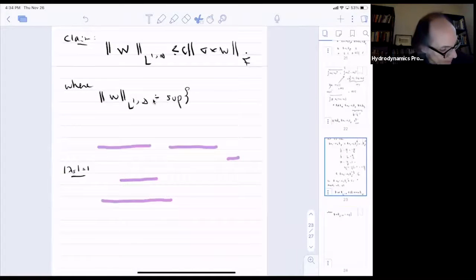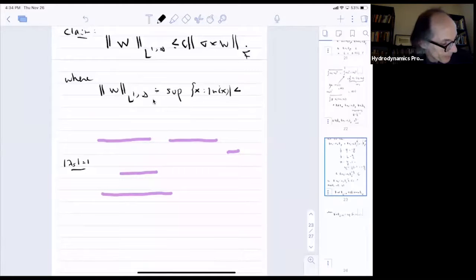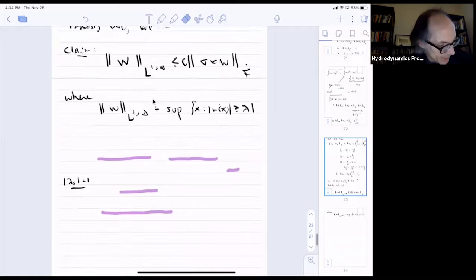I look at the measure of the set of X where W of X is bigger than lambda. I look at that set, I look at this measure, and I divide by lambda, and I get the supremum over lambda positive.